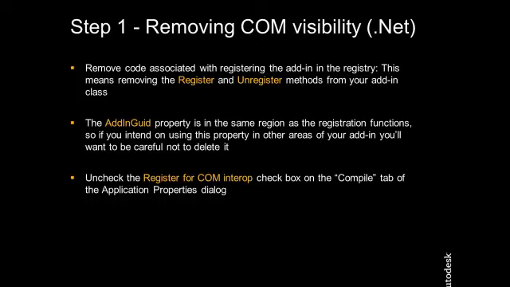The add-in GUID property is in the same region as those register and unregister functions. So if you intend on using this property in other areas of your add-in, for example, while creating user interface ribbons, you want to be careful not to delete that property. As well, you will need to uncheck the Register for COM Interop checkbox inside the Compile tab of the Application Properties dialog.